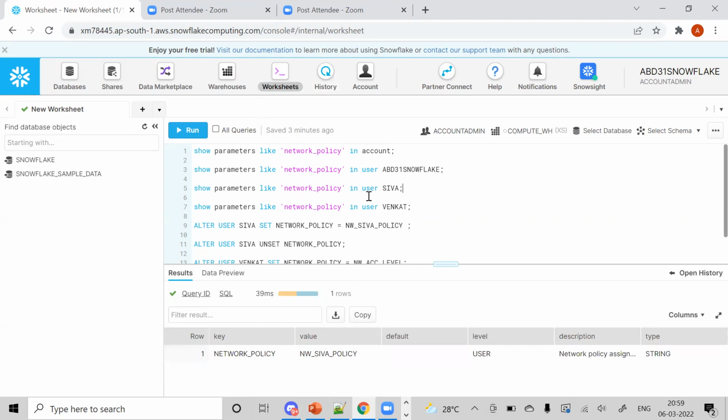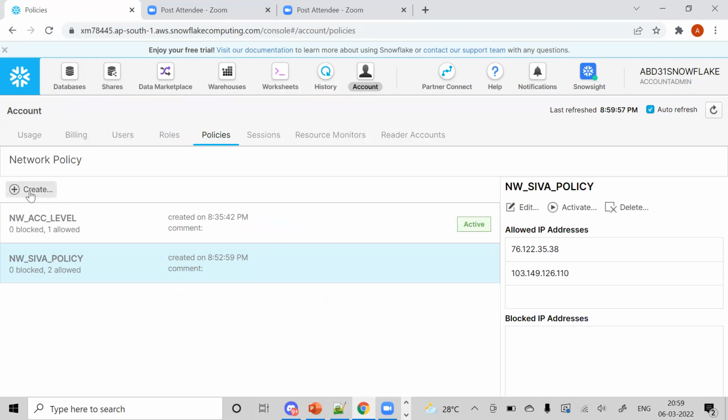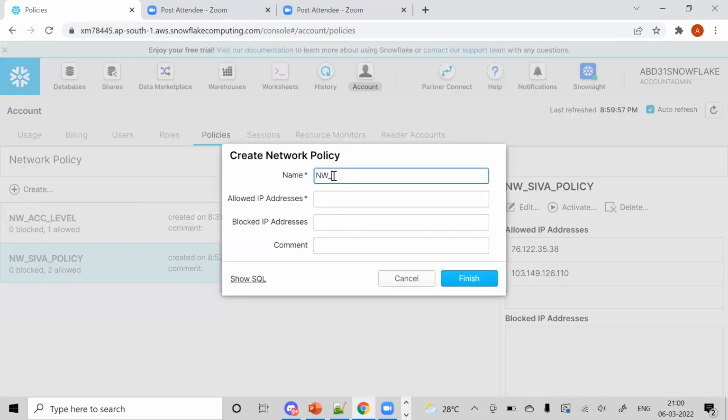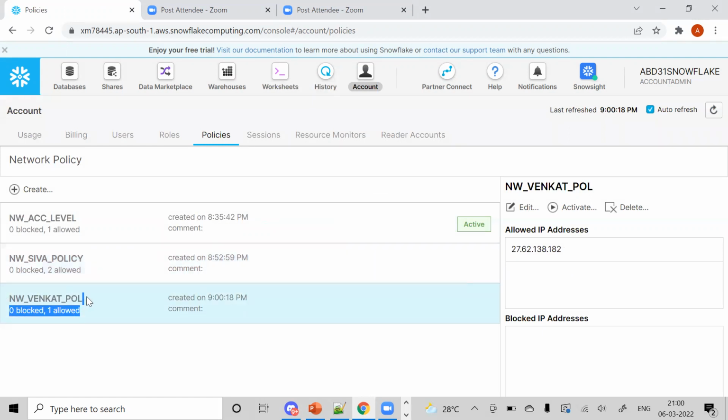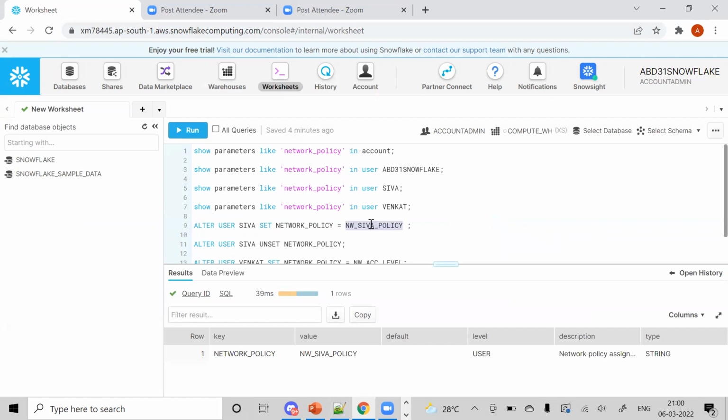And if I create one more quickly, network underscore cut policy, and I'll take his IP address. And this is always that public IP, guys. Don't take it from ipconfig. Just go to Google and search what is my IP. Okay, I have created this Venkat NW underscore network policy. See, if I go and alter your user Shiva and I make it as NW Venkat policy.